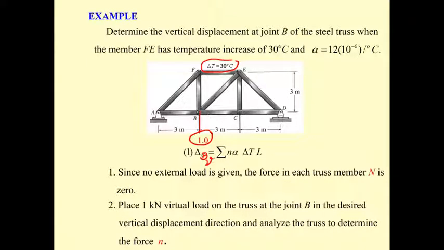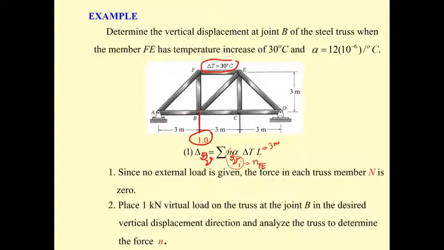Then this is going to be n sub BV times I. And you may see we have only one member that's hot, that is the FE, so only n due to this member, n sub FE. And then the L is going to be 3 meters.